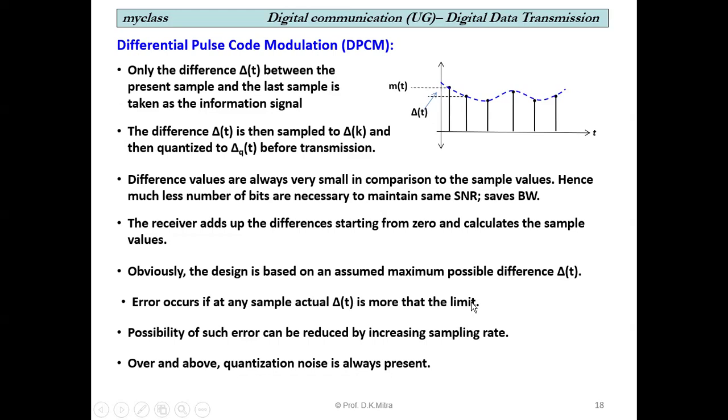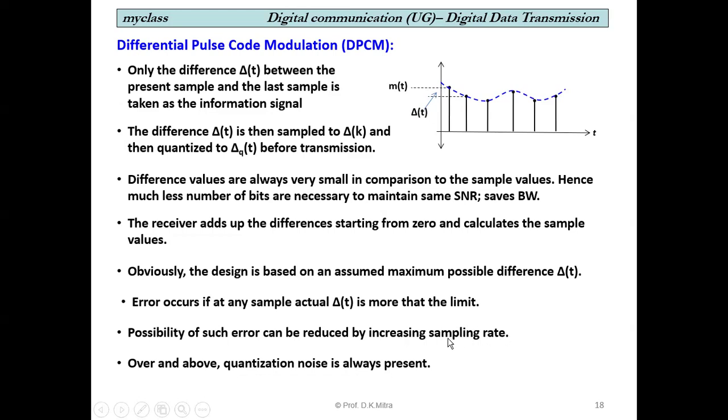Suppose you have designed a system where from one sample to the other, the maximum difference is 1 millivolt. If by any chance the difference becomes 1.1 millivolt, then there will be a problem. But you can circumvent that problem. Such error can be reduced by increasing the sample rate.